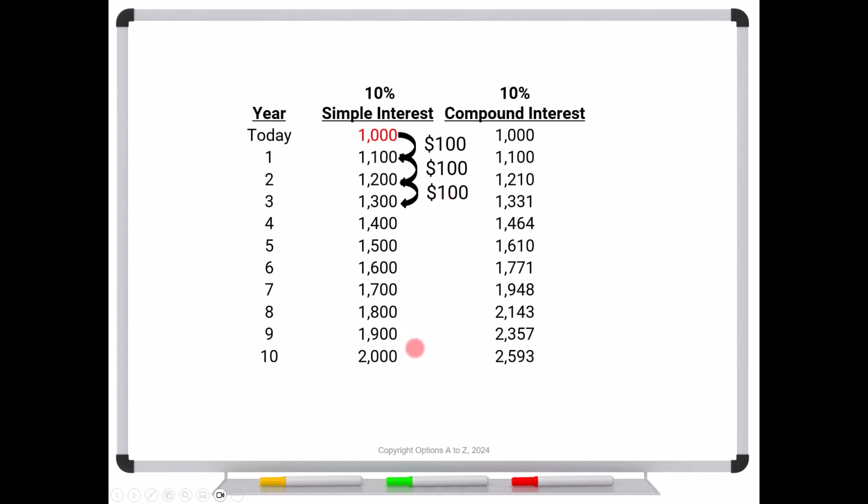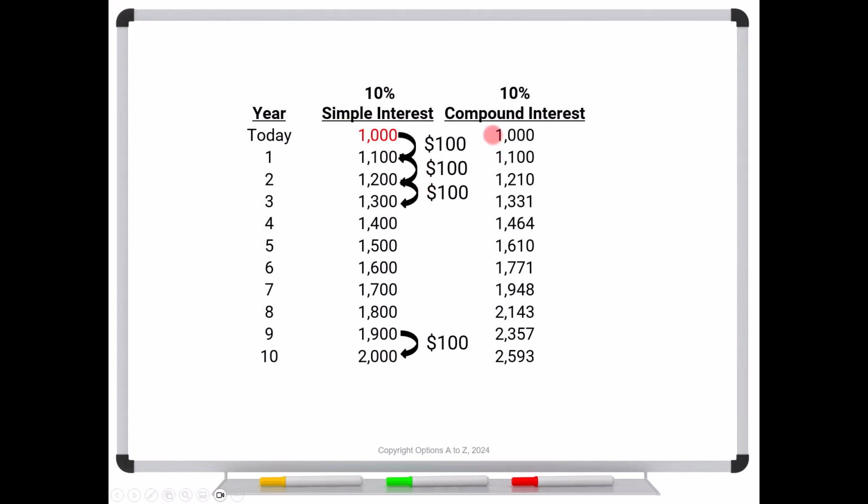Down here from year 9 to year 10, only 100 bucks. It's just paying the interest rate based on the initial deposit. So it's as if the bank is saying, hey, if you want to leave this interest in the bank, that's up to you, but we're only paying you interest on the principal. Now, again, this is not seen a lot these days, but if you do see something that advertises simple interest, this is the way it's calculated.